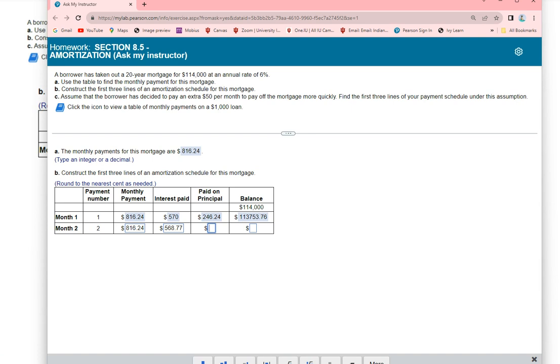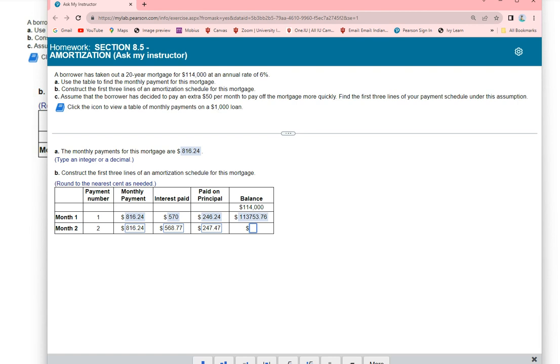And it should go down. Interest paid should go down because the balance goes down. It's not going down by much. It's like $1 something right now. But I'll type 816.24 minus the 568.77. And I get 247.47. And then that brings me to this one.